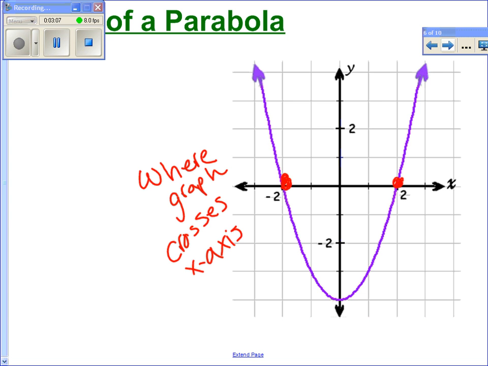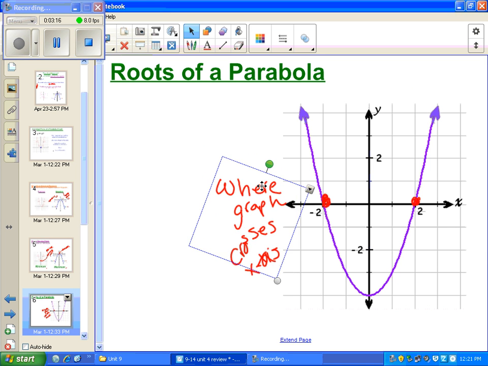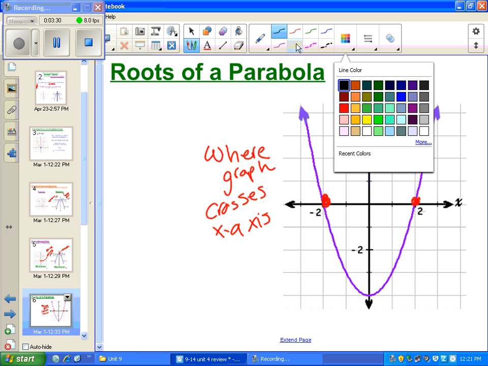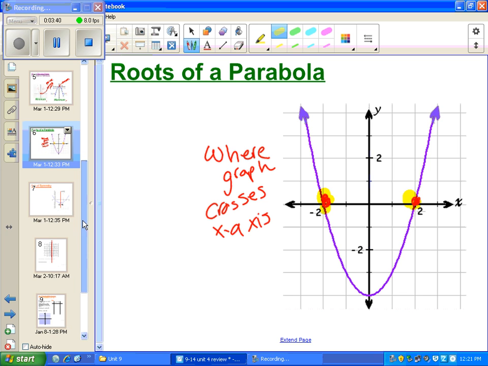I'm just going to actually sit and pull out a pen because I think it might be a little bit easier. Okay. So where the graph crosses the x-axis. Now, I'm just going to pull out the highlighter for a second. These would be at -2 and at 2.